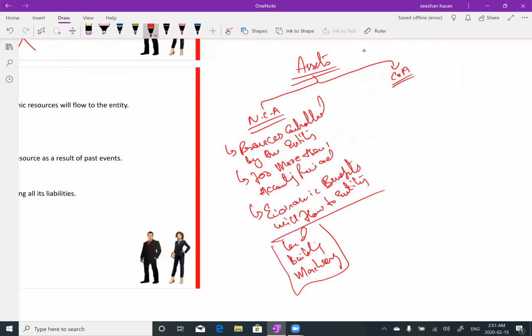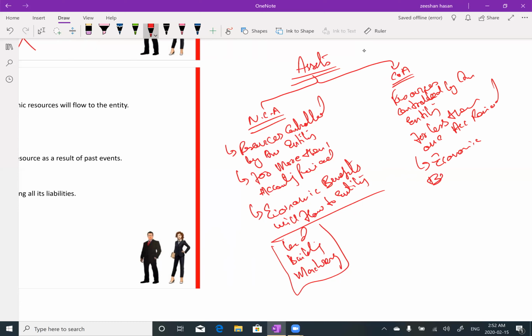Okay, whereas current assets are the resources controlled by an entity for less than one accounting period, and from which it is expected that economic benefits will flow to the entity, right?